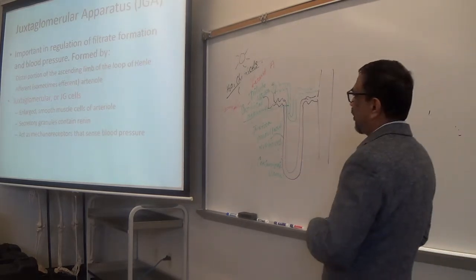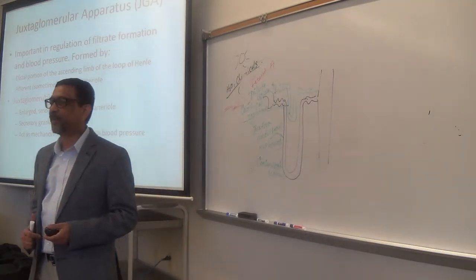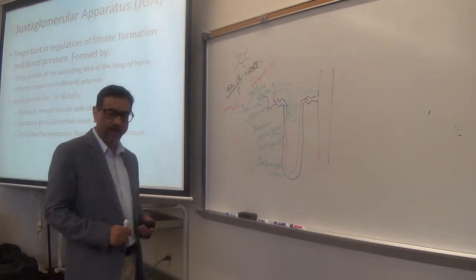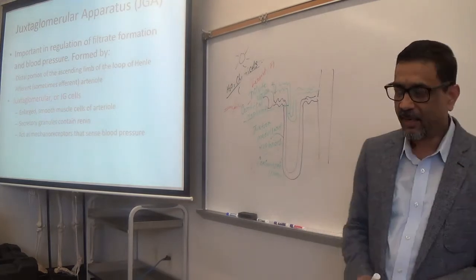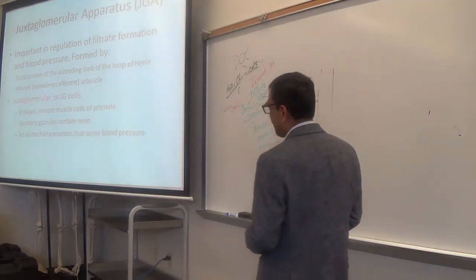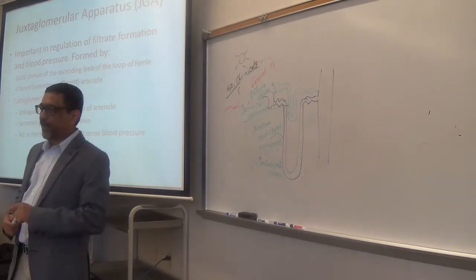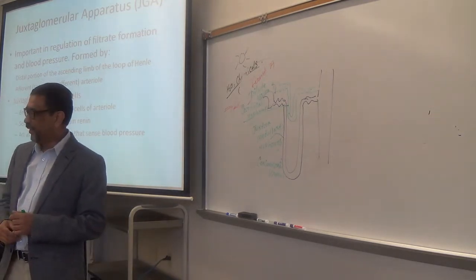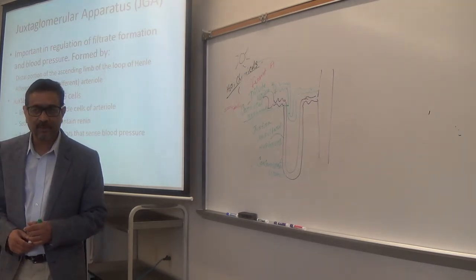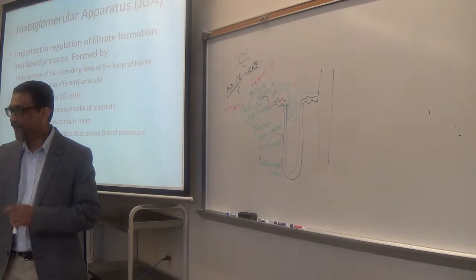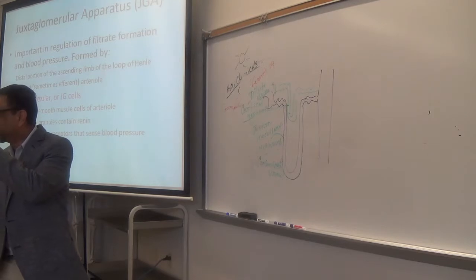Okay, now we'll talk about an important structure that is called juxtaglomerular apparatus, JGA. What is that? You remember I mentioned that kidney has endocrine function. Remember two chemicals I mentioned, renin and erythropoietin.